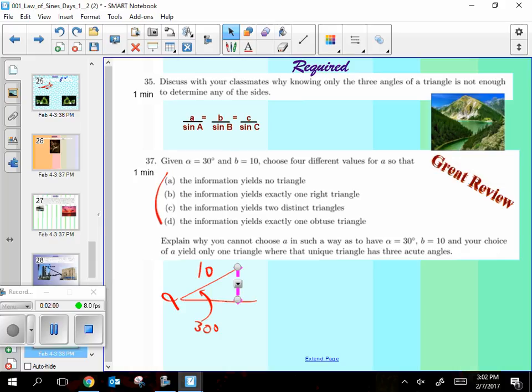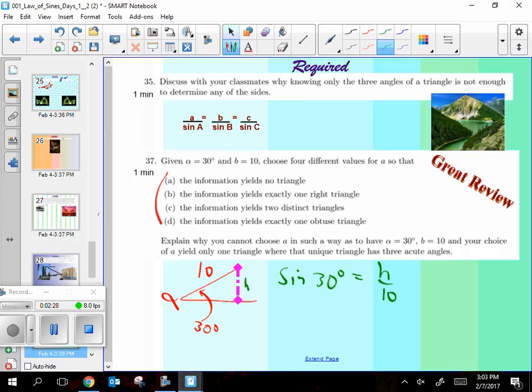So how can we figure out how long that pink triangle side would be if we were to make this into a right triangle? Well, the cool thing is then you've got an angle and you've got a side. And if it's in a right triangle, you can just do trig. So I'm going to call this h for the height. Then I would say that sine of 30, which I happen to have memorized, and you should too, is equal to h over 10.